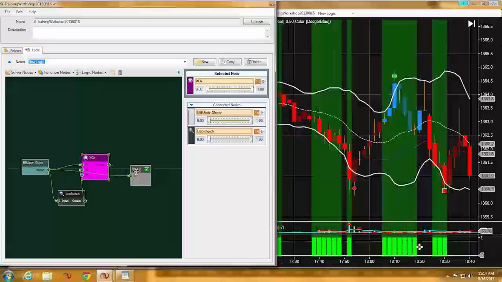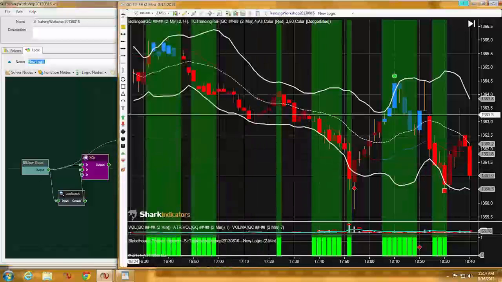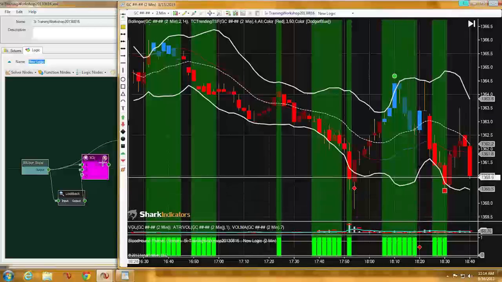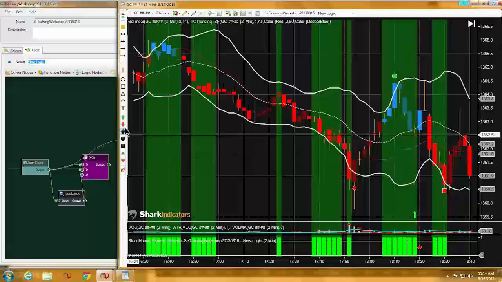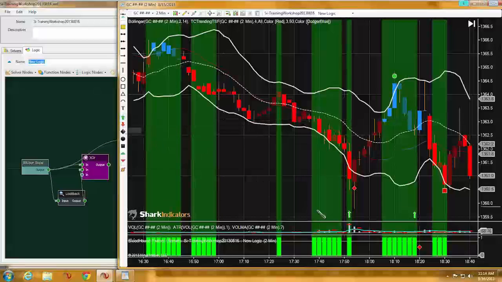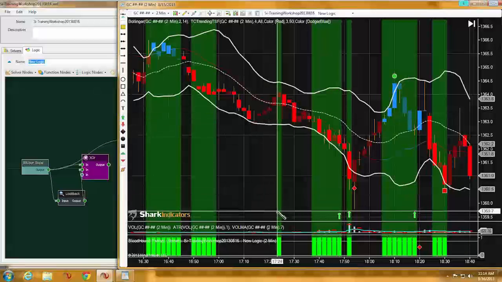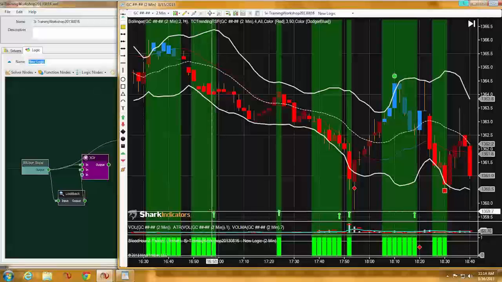So let's look at the original signal coming in again. I probably need to mark some of these. So I'm just going to mark the last bar of all of these long signals here.